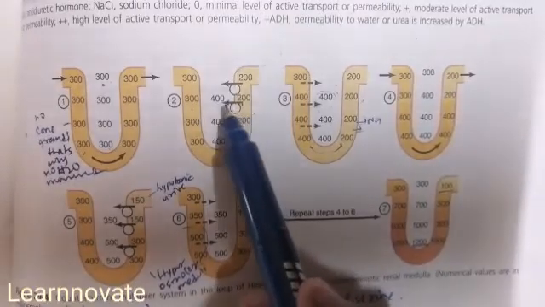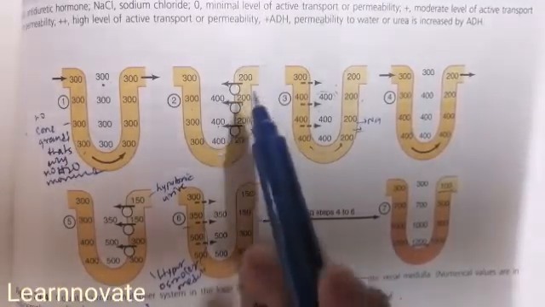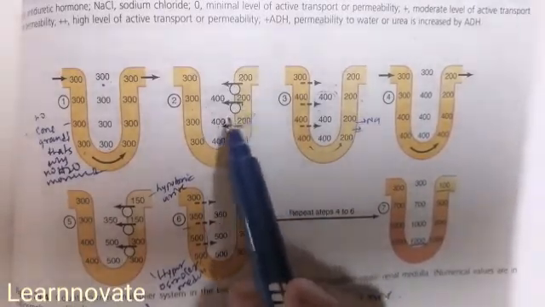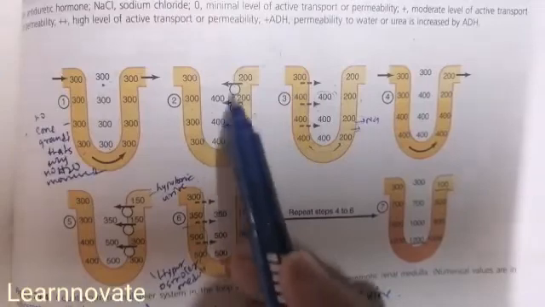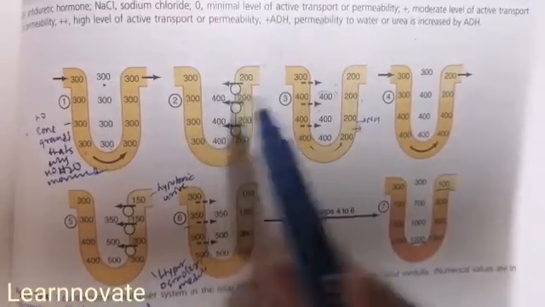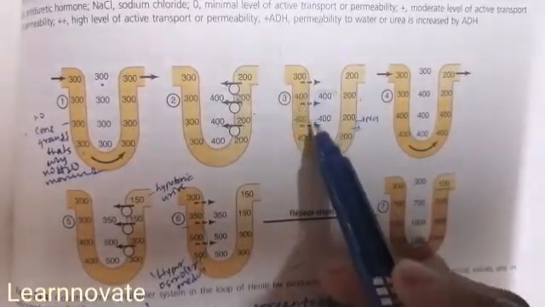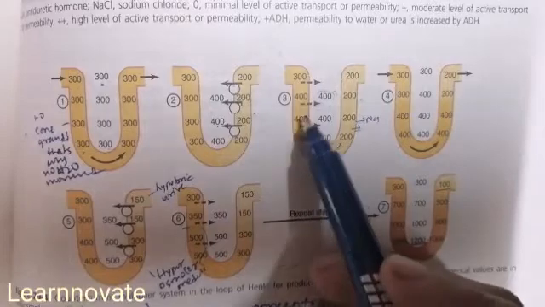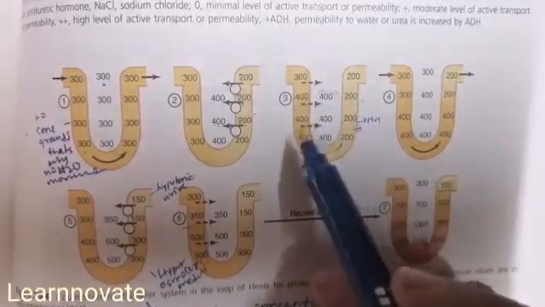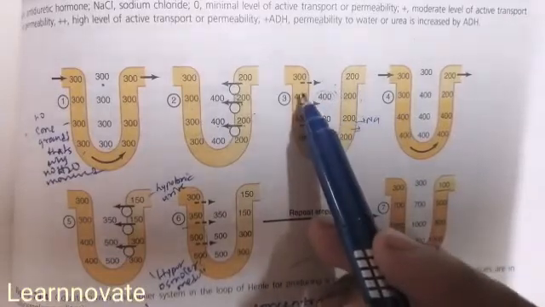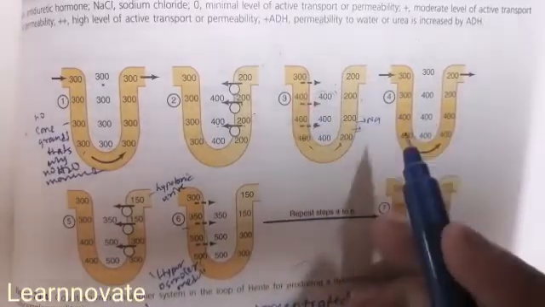About a 200 milliosmol gradient is created between the interstitial fluid and the tubular fluid, and that concentration gradient is maintained for new fluid to come. Now if new fluid comes from the PCT and passes through the descending limb of the loop of Henle, because of the change in the concentration gradient there will be osmosis of water from the region of lower concentration to the region of higher concentration.